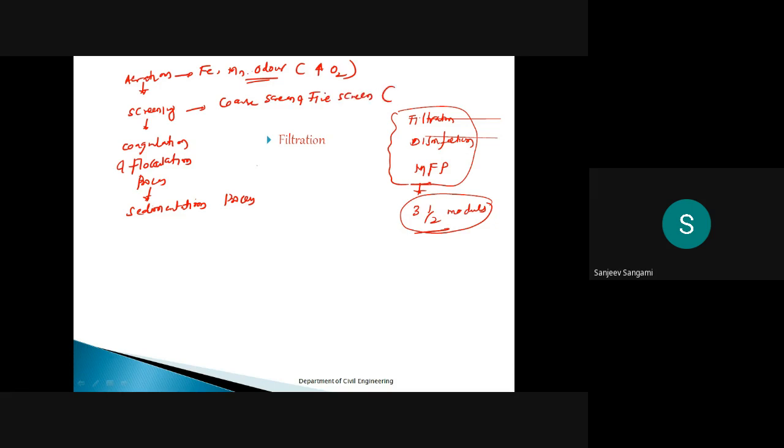In the coarse screen, we remove the higher size particles, and in the fine screen, we remove up to silt.